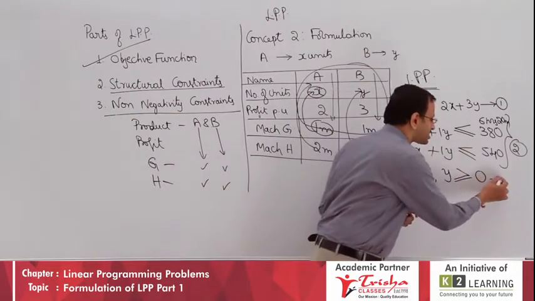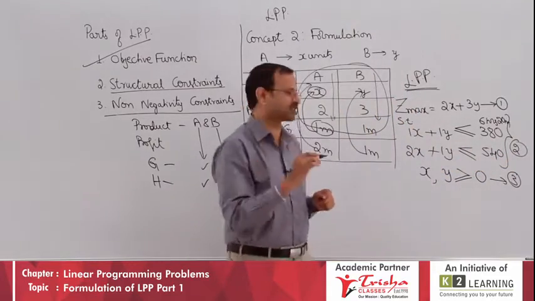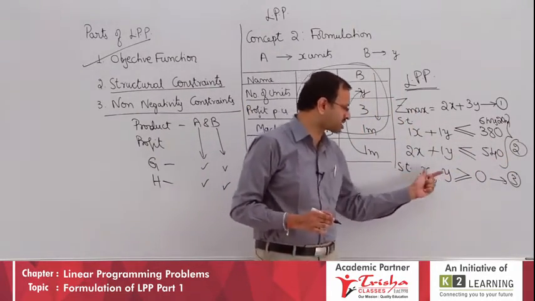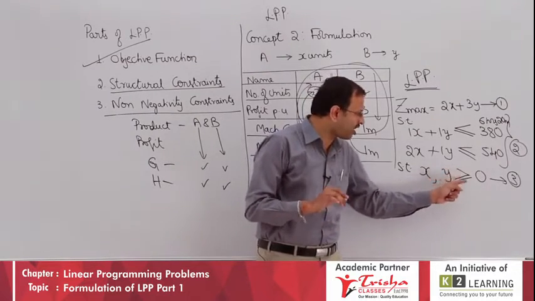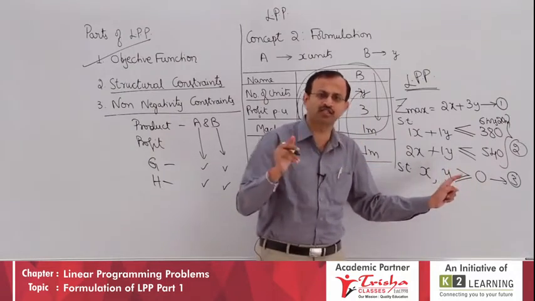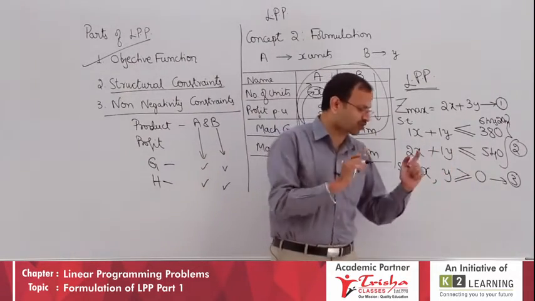It is always the standard; these two represent structural constraints. Finally, subject to x, y production units cannot be less than 0. Equal to 0 is also okay. Positive okay, 0 okay, but there cannot be negative units, x, y greater than or equal to 0.